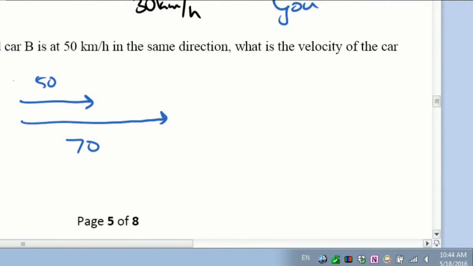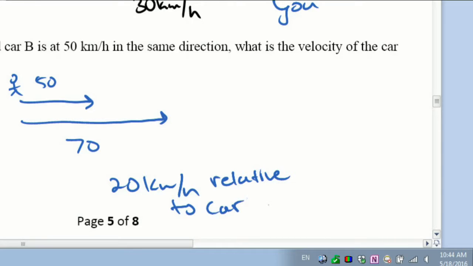So if you are in car A, looking at car B, it would look like it's going 20 kilometers per hour relative to car B.